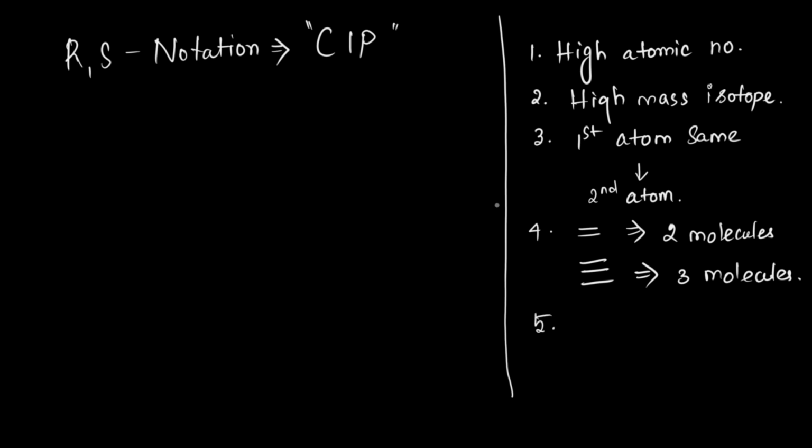And rule number 5 is bond pair is more senior to lone pair. Bond pair is senior, or gets higher priority, than lone pair. Don't be scared of seeing these rules. It's just very simple.